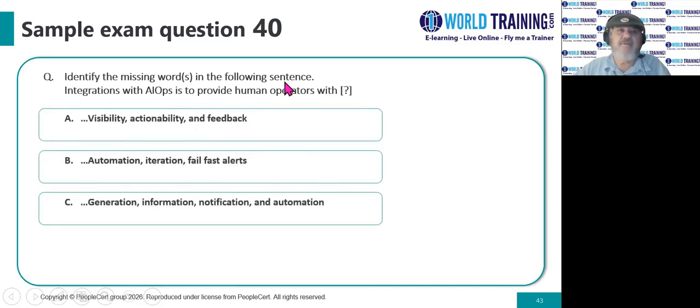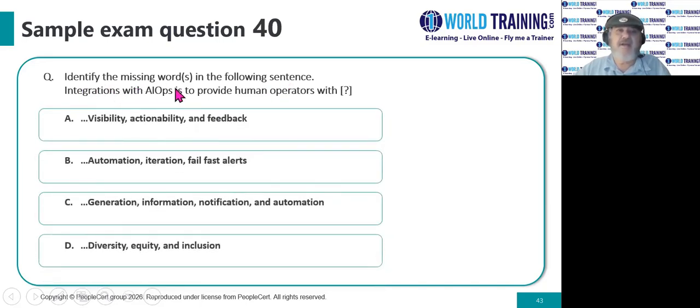Identify the missing words in the following sentence. Integration with AIOps is to provide human operators with what? Visibility, actionability, and feedback. That's not a bad answer. Automation, iteration, fail fast alerts. Durations, probably not specifically a benefit to operators.